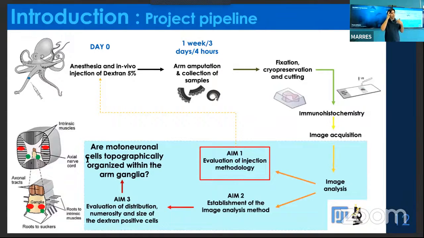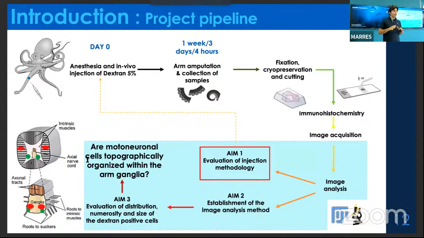We injected it in the muscles of the octopus, and after some time of incubation, so 1 week, 3 days, or 4 hours of incubation, we collected the samples and treated them for immunohistochemistry. Then we acquired images with a confocal microscope. With a confocal microscope, we can obtain images in the whole thickness of the sample. So we have image stacks for the whole sample that allow the 3D reconstruction of the samples.